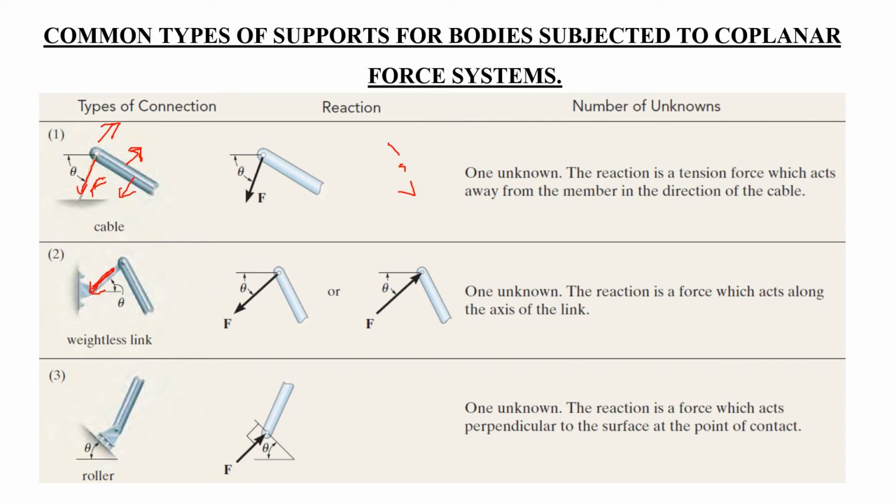So you can see that this is only written with an inward force vector. That means this cable can only apply force in this direction if the beam starts moving in this direction. This is commonly seen in suspension bridges.